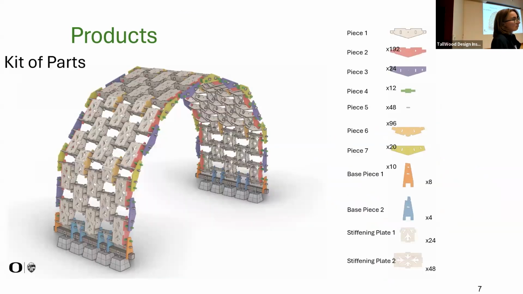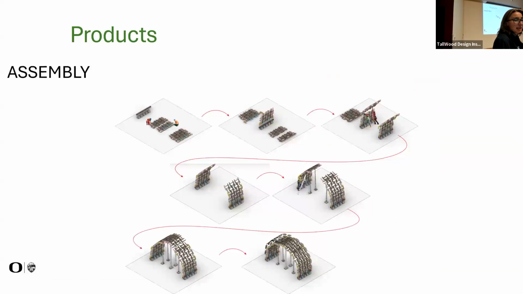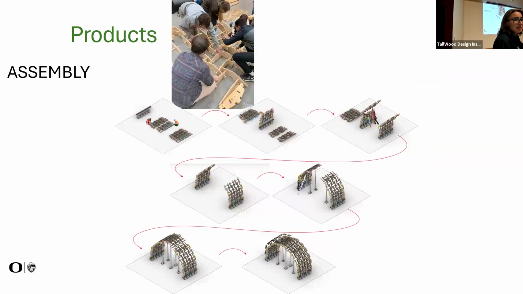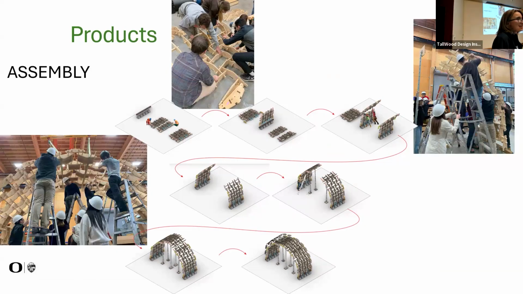Then all the parts were fine-tuned for this simple arched canopy with, as you see, a very limited number of variations of the parts that were eventually fabricated, CNC'd, and assembled, with consideration for pre-assembly and then installation on site.